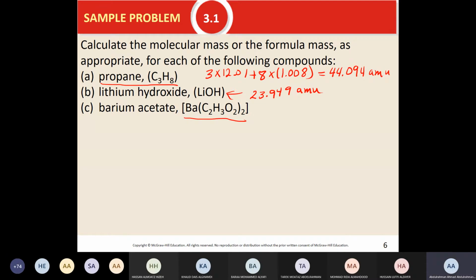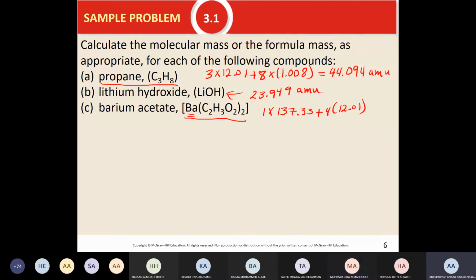Okay. How about barium acetate? What's the mass of barium first? 137.33. Yes. Very good. That's barium. And then how many carbon? 4. 4 times 12.01.